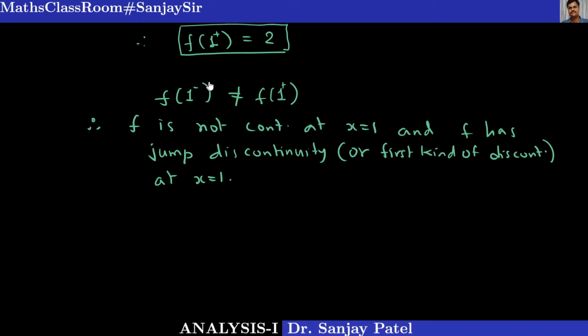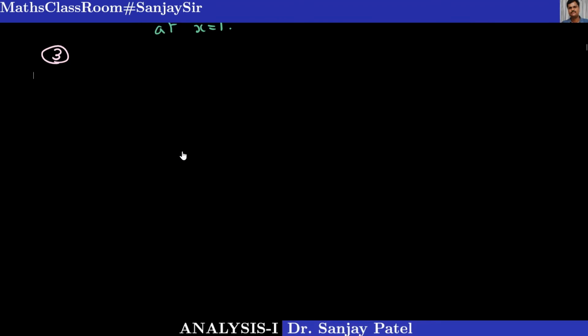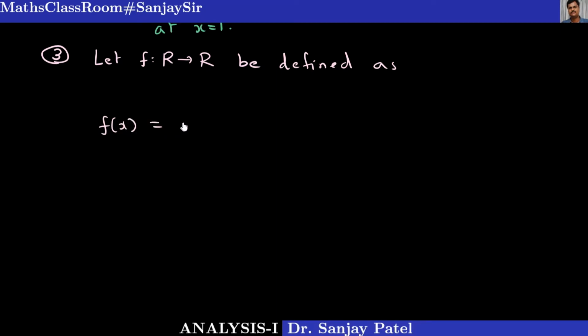So let us solve the next problem, number 3. Let us take a function f from R to R defined as f of x is equal to 0 if x belongs to Q, meaning x is a rational number, and is equal to 1 if x is not in Q, meaning x is an irrational number.